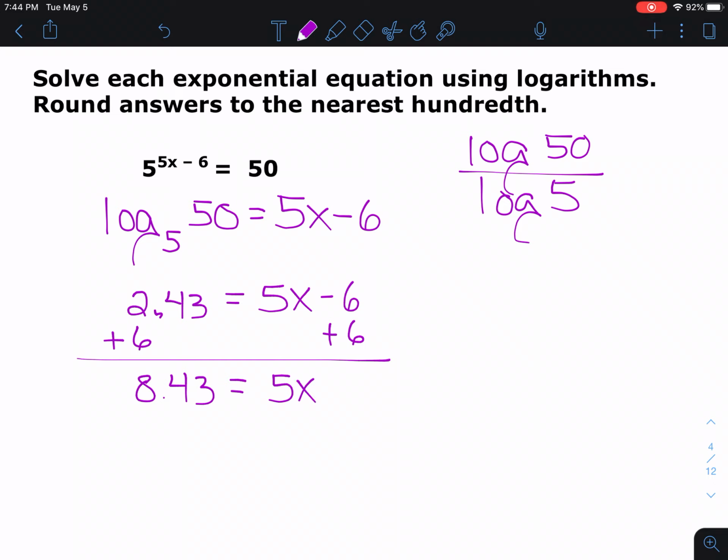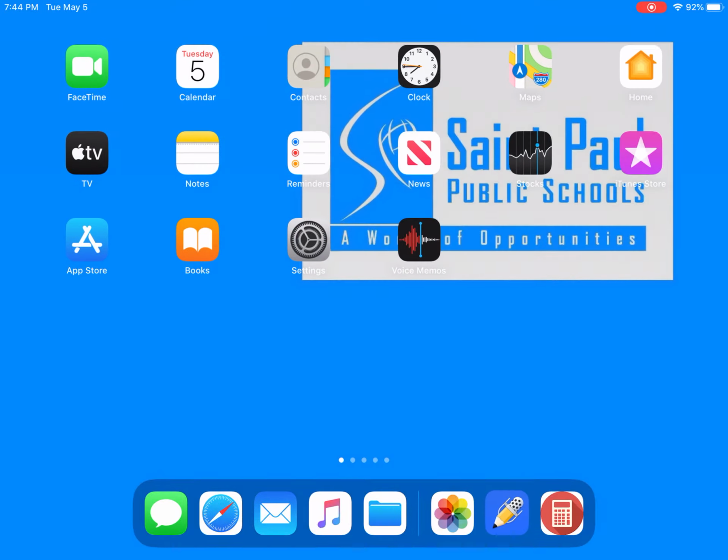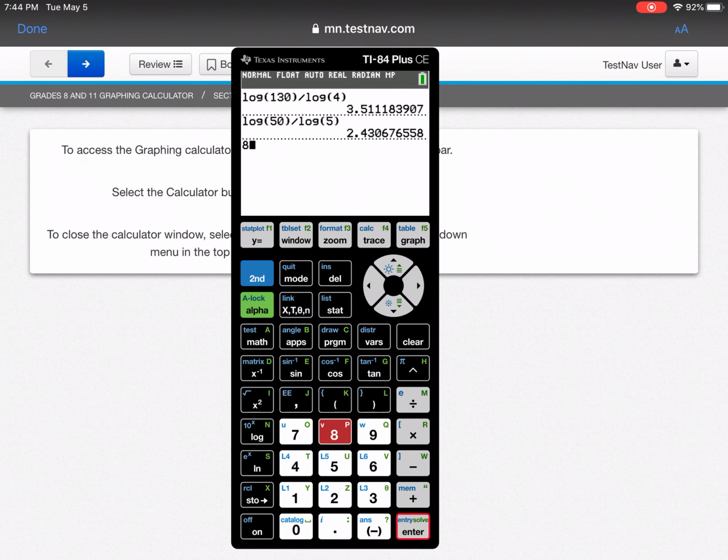And then lastly, I'm going to divide by 5 on both sides. So now I'm just going to type that into my calculator. 8.43 divided by 5. I get 1.686. I want to round that to the nearest hundredth, so that's going to be 1.69.